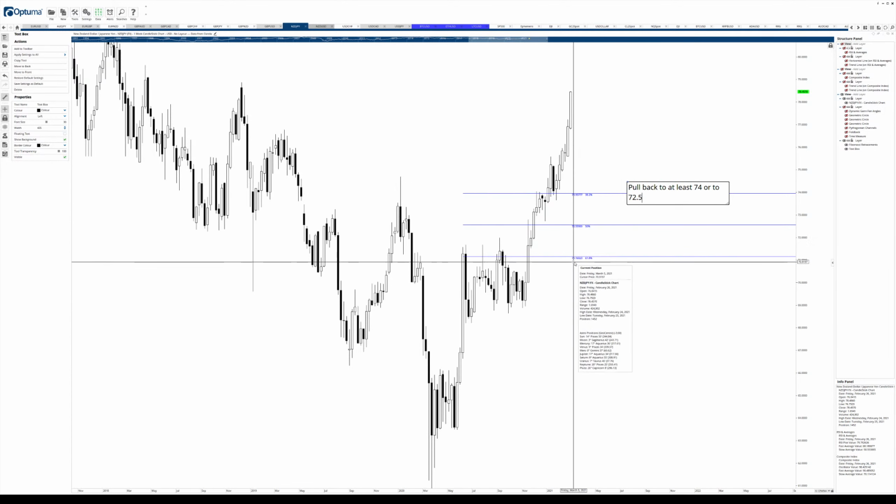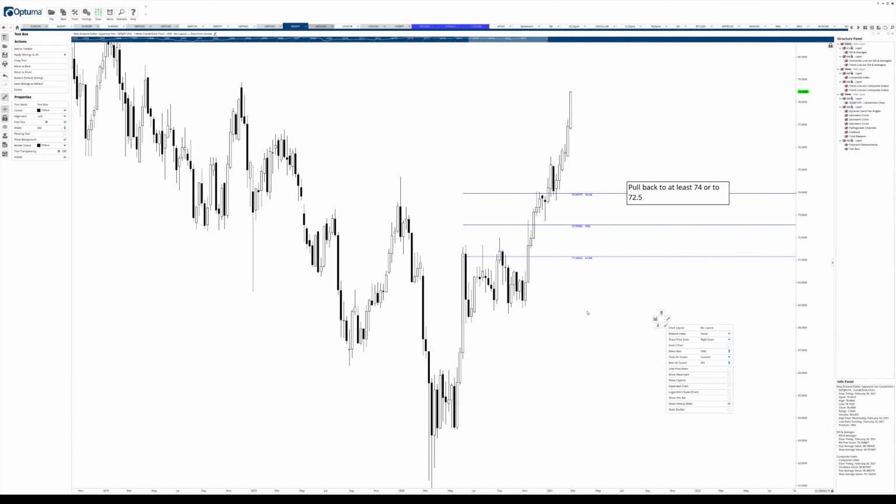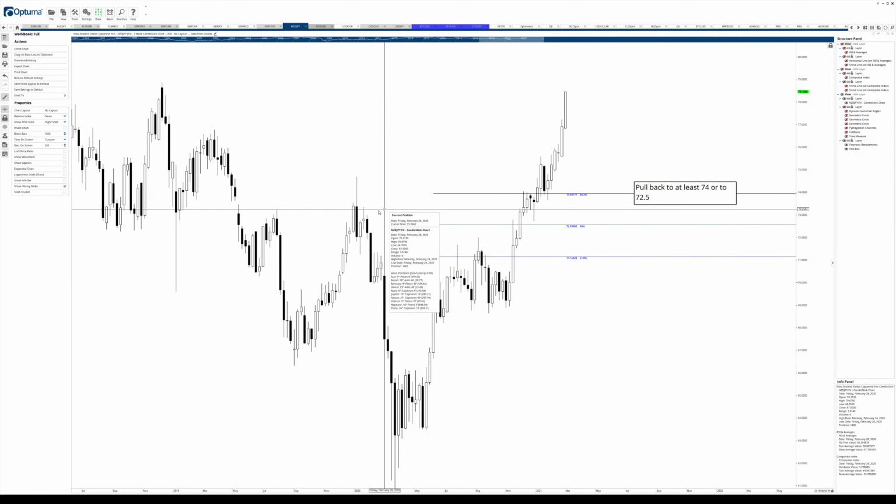That's what I'd be looking for there. So that's on the Kiwi.